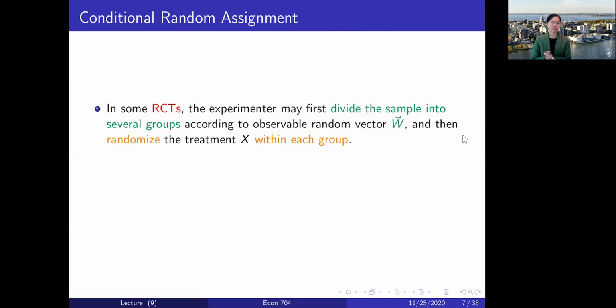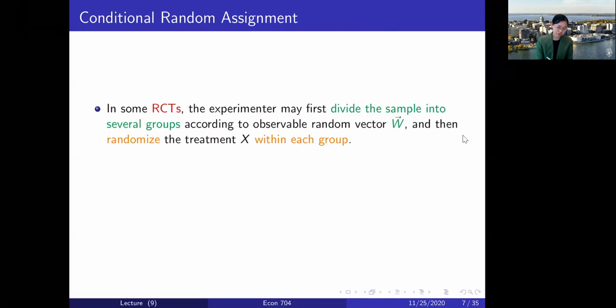If you just randomly divide your sample into treated sample and untreated sample, it is possible that your treatment is not given to many of the people in a minority group. And if that happens, then your data will not be very informative about what the effect of the treatment is for the minority group, right?